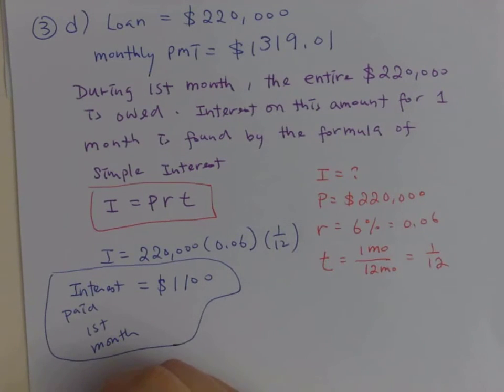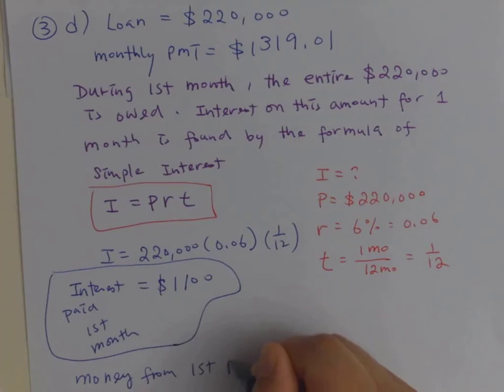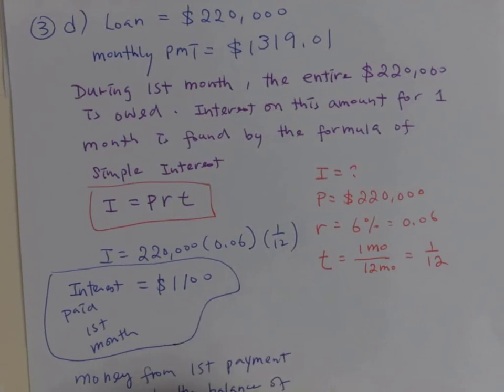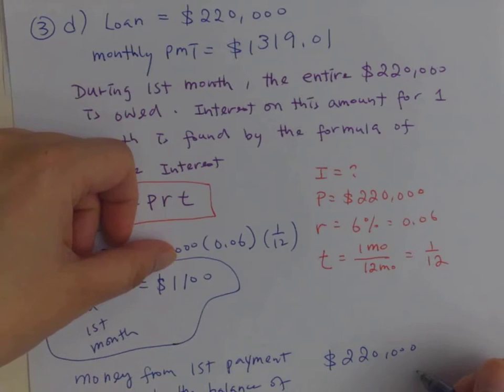So the monthly payment from the first payment applied to the balance of the loan. Oh, I'm sorry, that's not it.